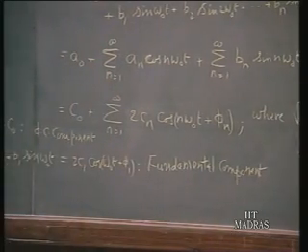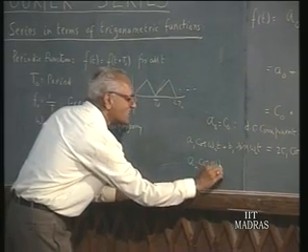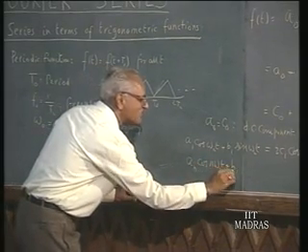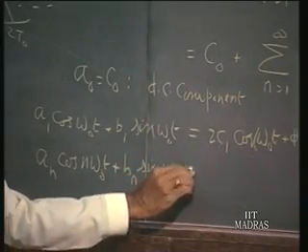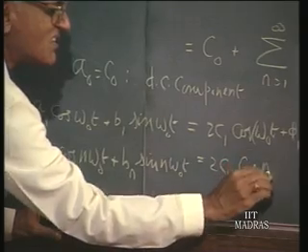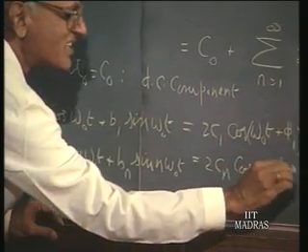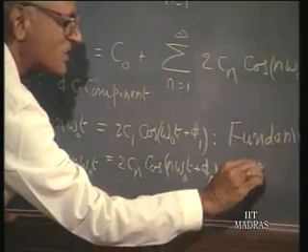And a general term, a_n cos n omega naught t plus b_n sin n omega naught t, which will be 2C_n cos of n omega naught t plus phi_n, is called the nth harmonic component.